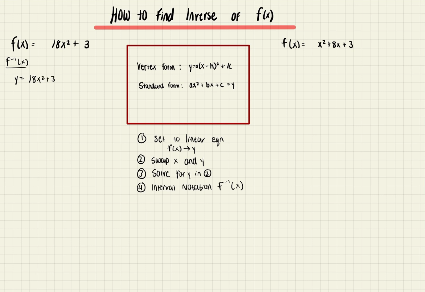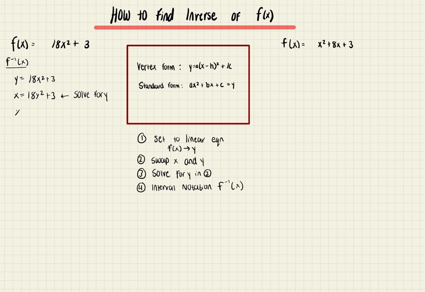Now we're going to swap x and y. So x is equal to 18y squared plus 3. And now we're going to solve for y in this equation right here. So solve for y.